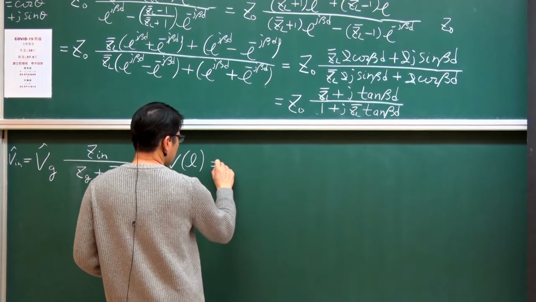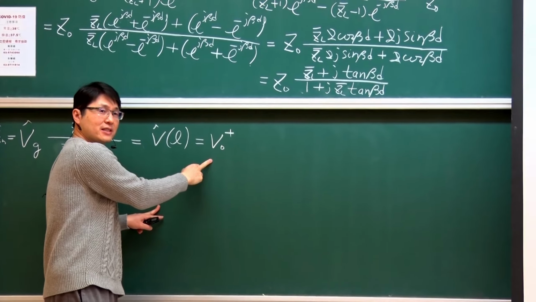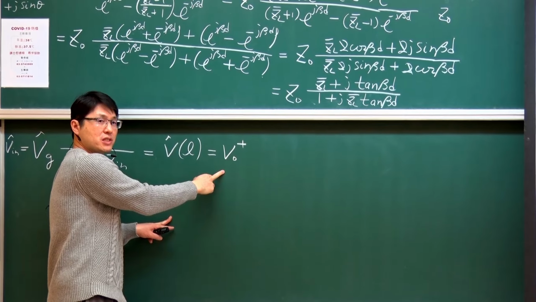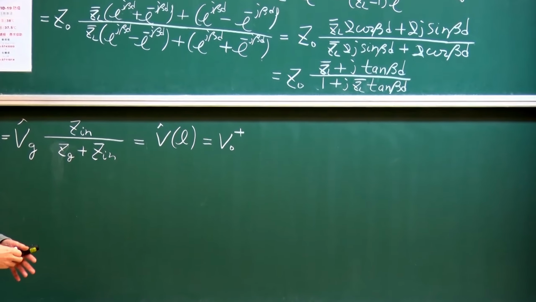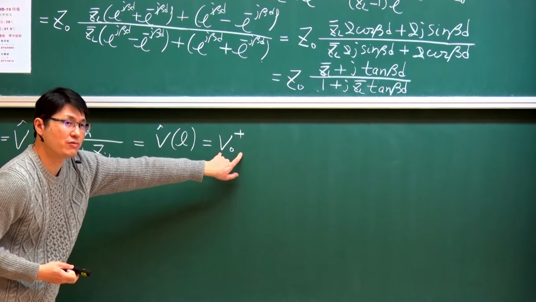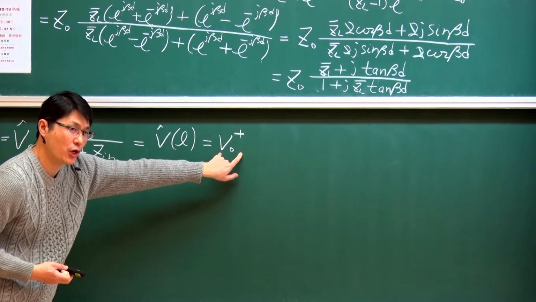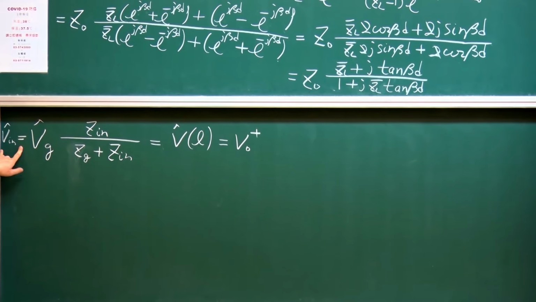So this is equal to V0 plus. Finally, this is the last parameter we want to solve, right? V0 plus. So somehow I can relate this unknown variable, the very last unknown, to everything I already know.